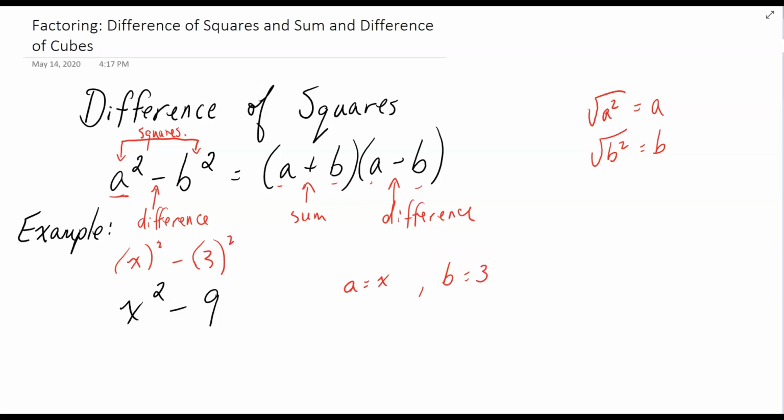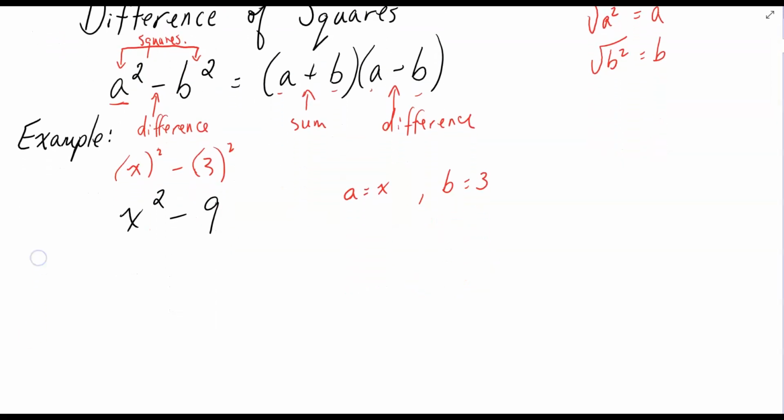So to factor x squared minus 9, that is equal to (x plus 3)(x minus 3). And if you wanted to verify that, you could use the FOIL method and multiply those two binomials back together, and you'll see that you'll turn out with x squared minus 9.